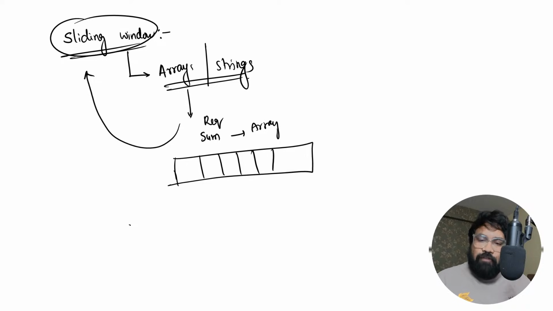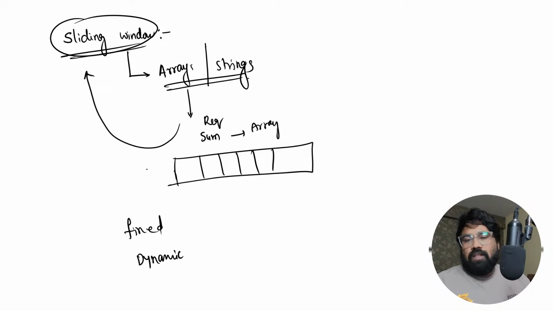Sometimes it will be fixed, sometimes dynamic. What is a fixed sliding window and what is a dynamic sliding window? It's very simple. Suppose they ask you to find the required sum when you add 3 continuous elements. Here the window size is fixed, 3.